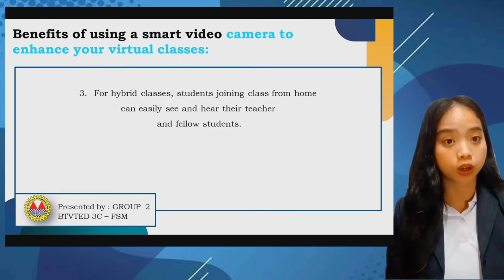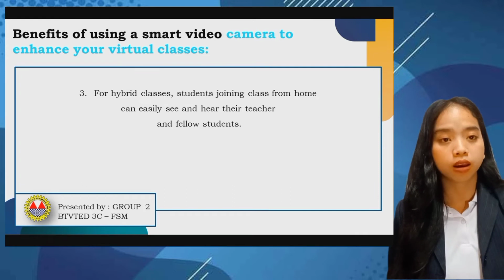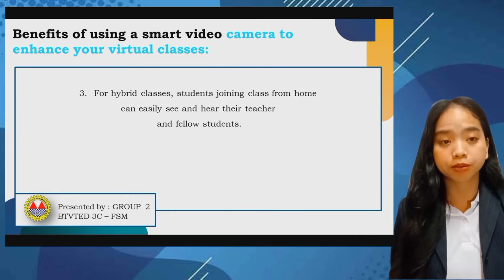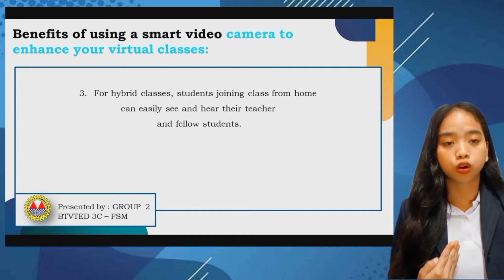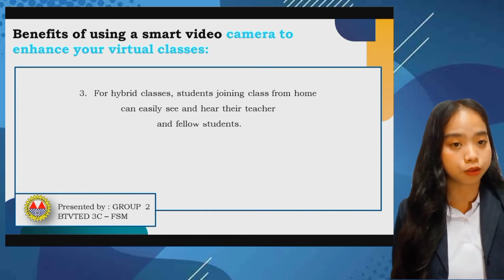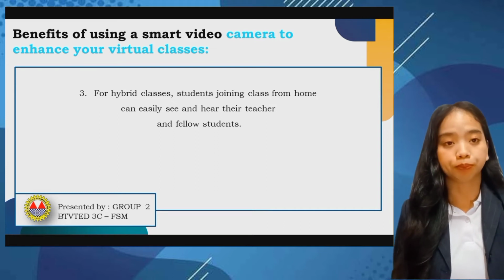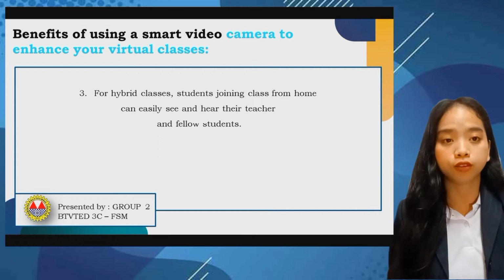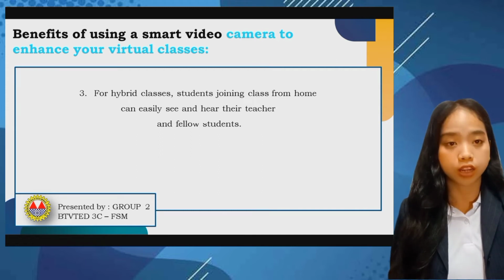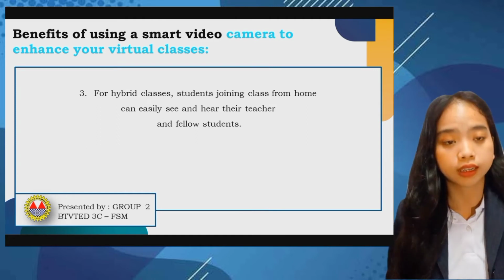If you have a strong internet connection and you are using a smart video camera, there is a high possibility that you can clearly see what your co-student is doing as well as what your teacher is discussing. There is a high possibility that you can fully understand and analyze all of the lesson or information that your teacher is giving during the discussion.